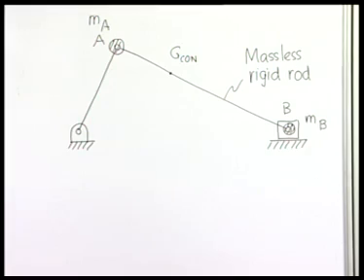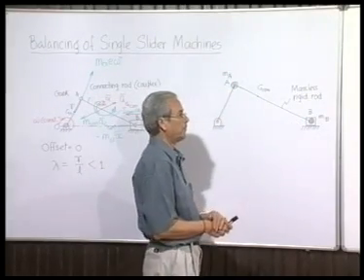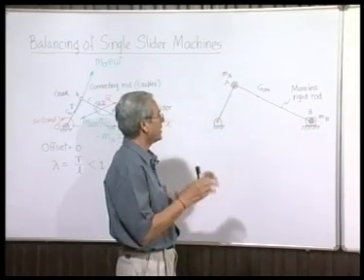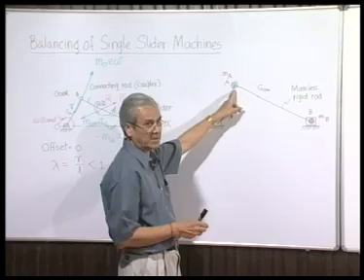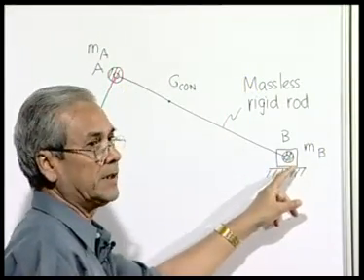so what we have done is we have replaced the actual connecting rod by a hypothetical connecting rod, and the hypothetical connecting rod consists of two concentrated masses, at this end M_A, and at this end M_B.